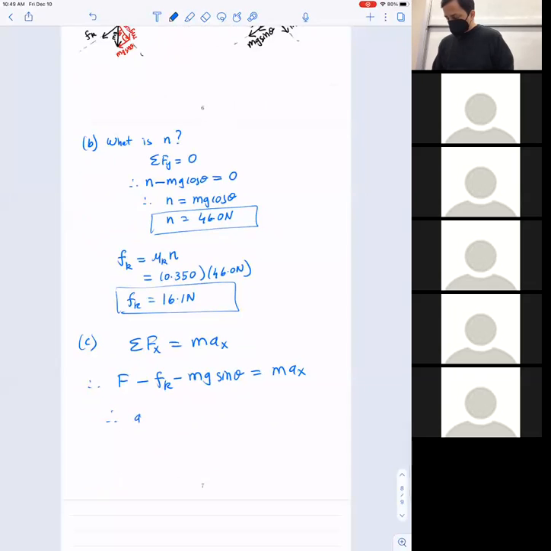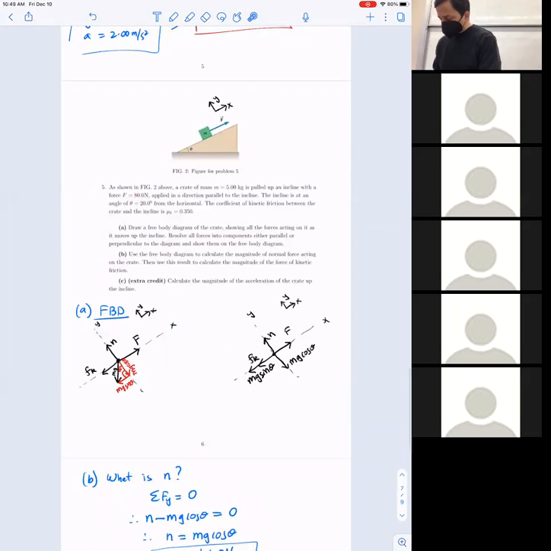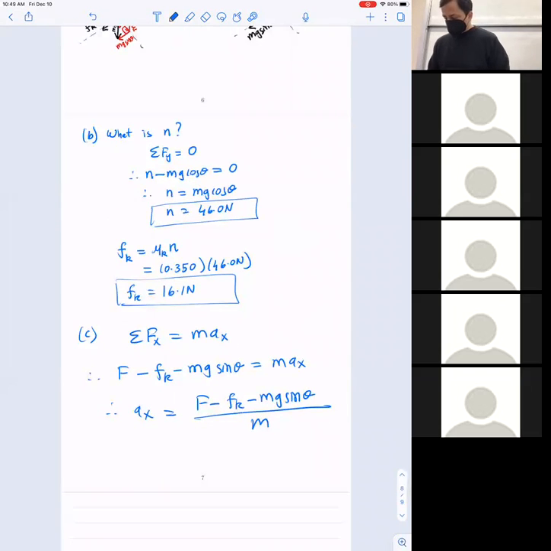And therefore, the acceleration is F minus F sub k minus mg sine theta divided by m. And you now know all of these things. You just figured out the force of kinetic friction. You know that F is given to you, it's 80 newtons. And you know the mass and you know theta. So you can figure out the acceleration. And if you do that, I believe you get 9.43 meters per second squared.